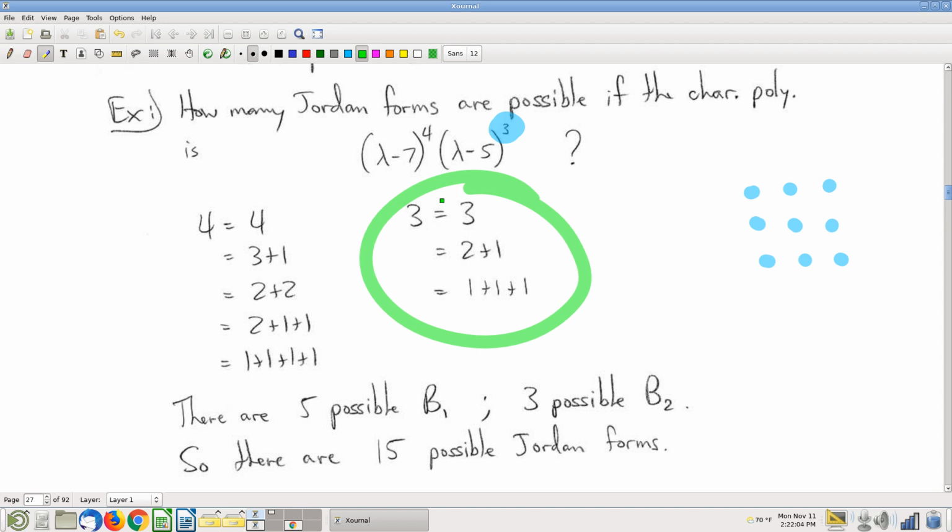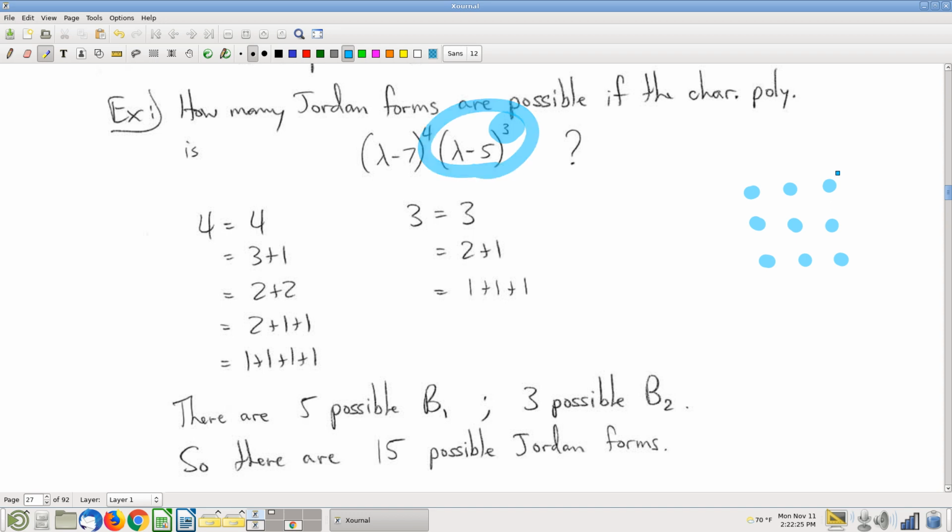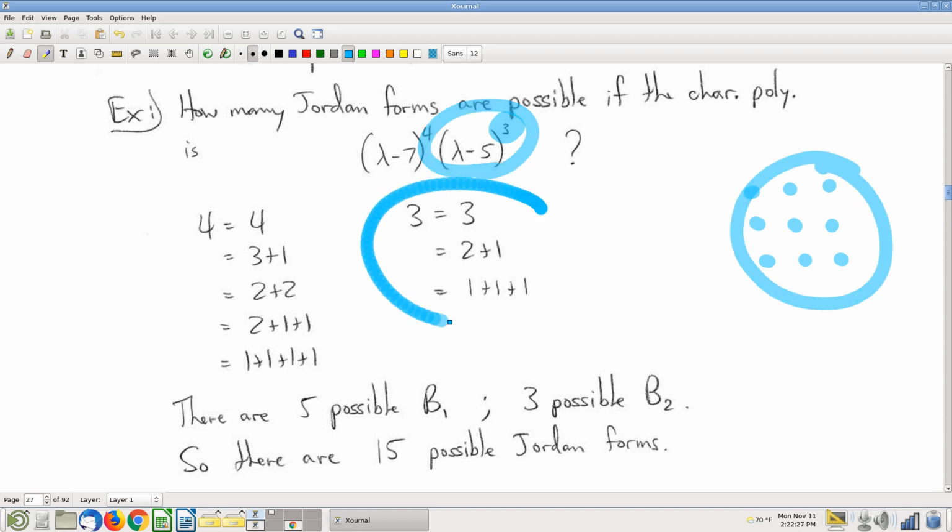ways to add positive integers to make 3, other than rearrangements, which again we consider to be effectively the same Jordan forms. We know that there's 3 possible Jordan structures inside of, here, let me do it like this. Inside of this eigenvalue block, there are 3 possible Jordan structures.